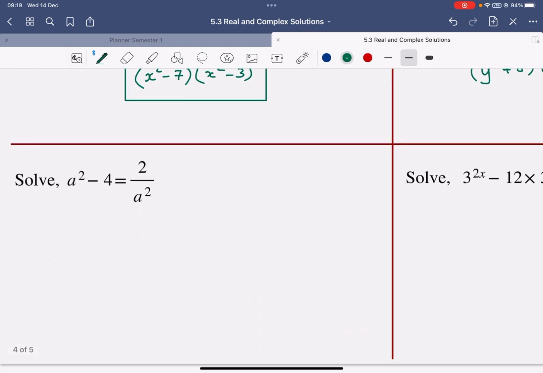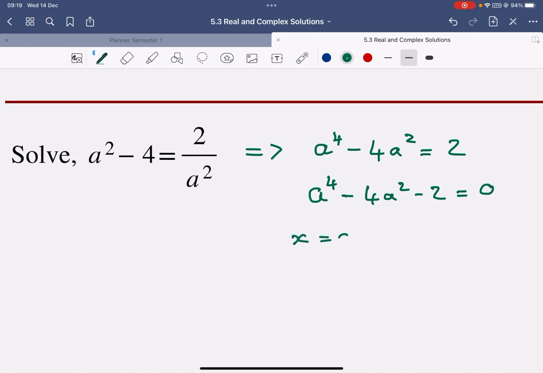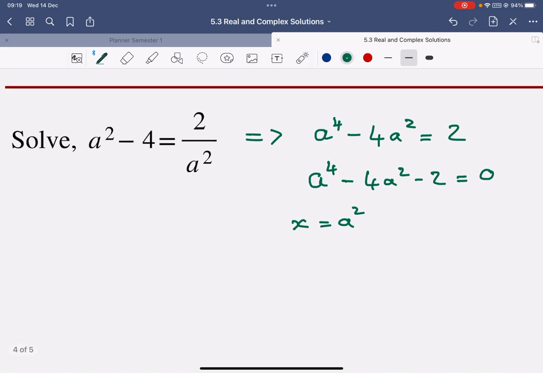This one has an equal sign in, so this means we can solve it. The first thing we're going to do is rewrite it by timesing everything through by a to the power of 2, getting rid of my fraction. Now to solve this, I would want to make it equal to 0. Let's make x a squared.